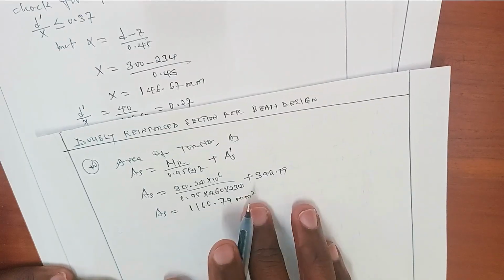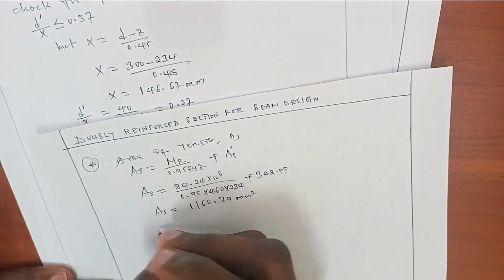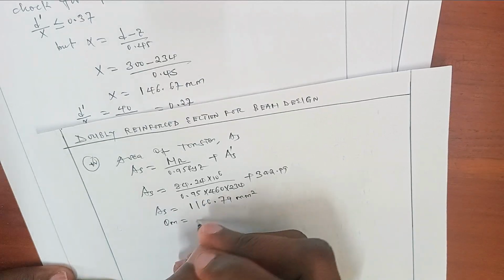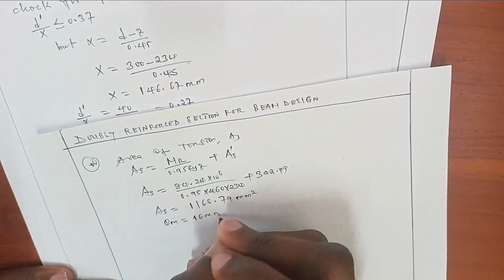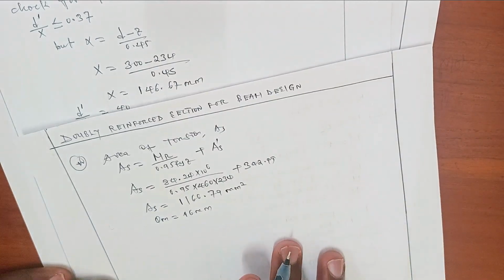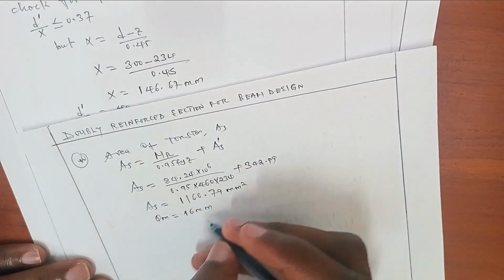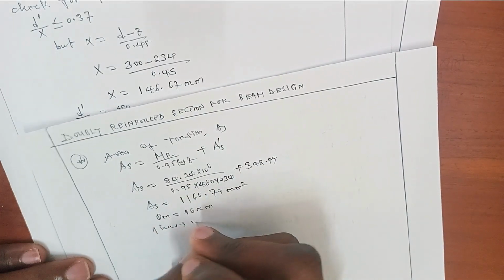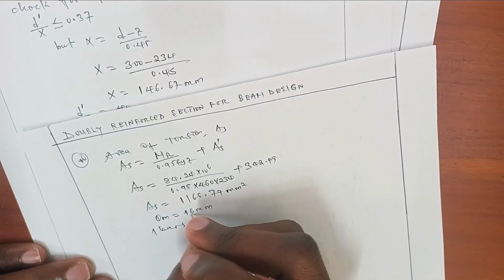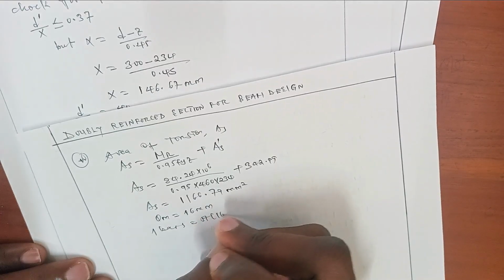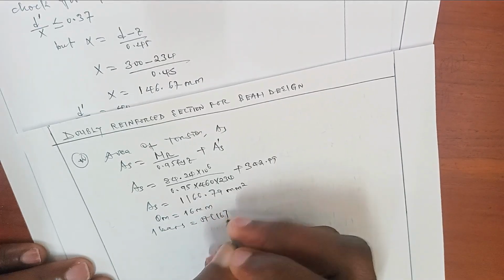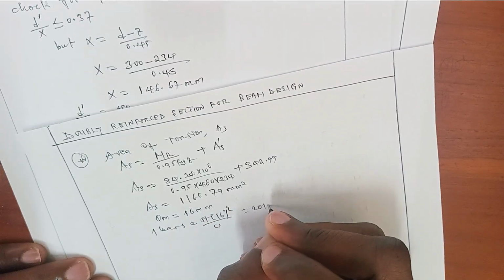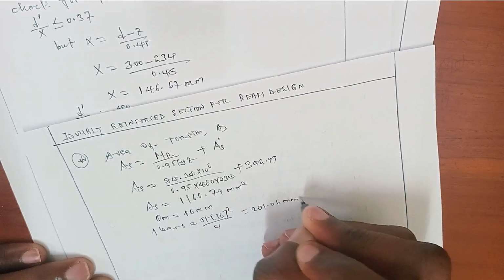Now, the next step is to determine the number of bars required. Let's assume the main bar is 16 millimeter, which is the minimum bar for beam. Now, the area of one bar, using the diameter of this one, is equal to pi times 16 squared over 4, which is 201.06 millimeter square.